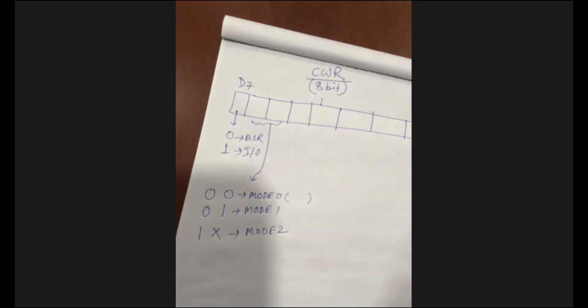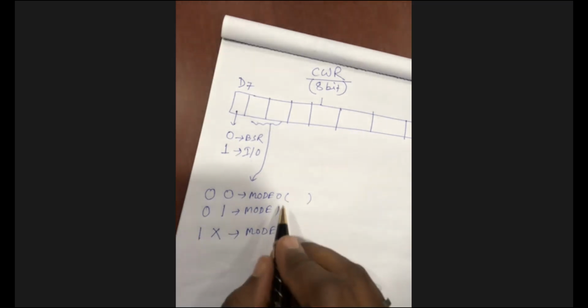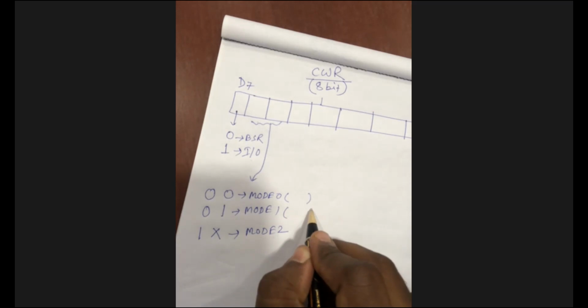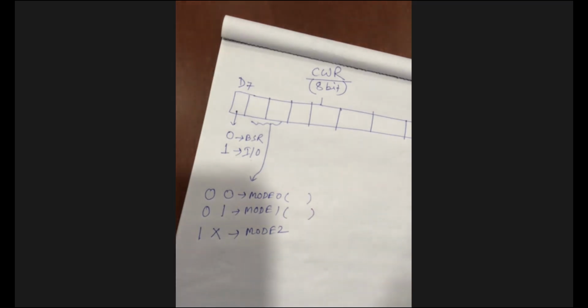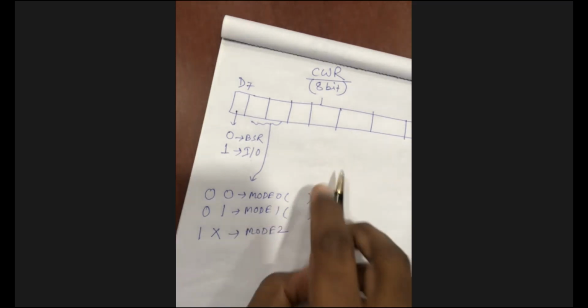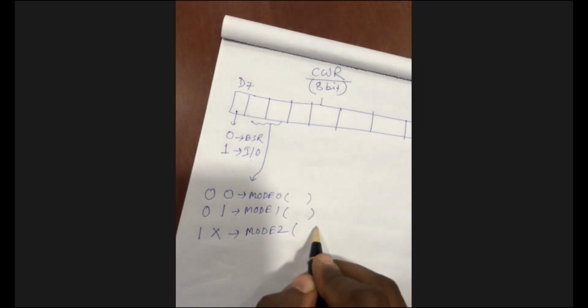In your exam, in a multiple choice question, this kind of question will be asked. Mode 1 is called handshaking mode. Mode 2 is called bidirectional mode.